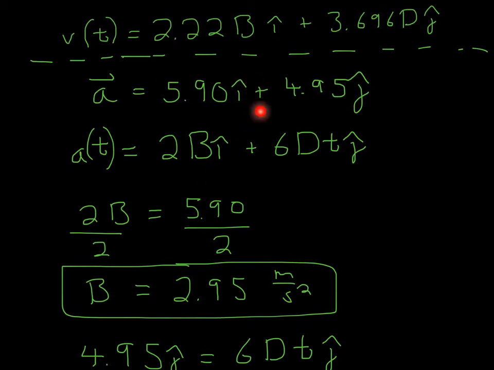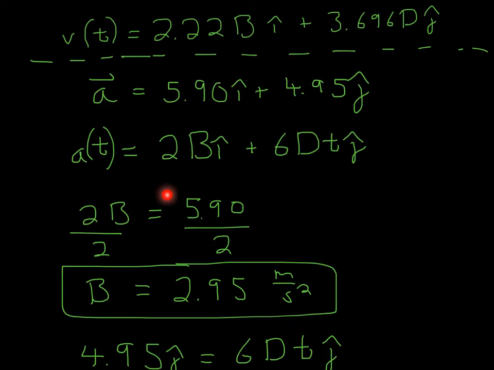Since both of these are in the x direction, what does that mean? I can set them equal to each other, because since there's no time, I don't even have to worry about that. It's just the constant. So all I do here is put 5.90 equal to 2b. Then I divide both sides by 2, and I get b equals 2.95 meters per second squared.